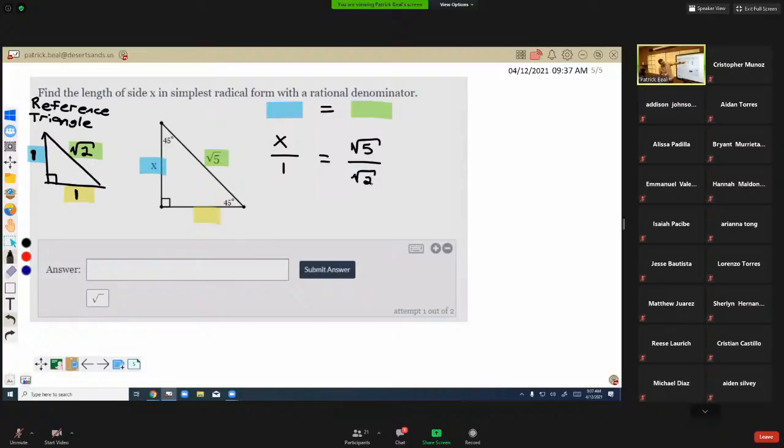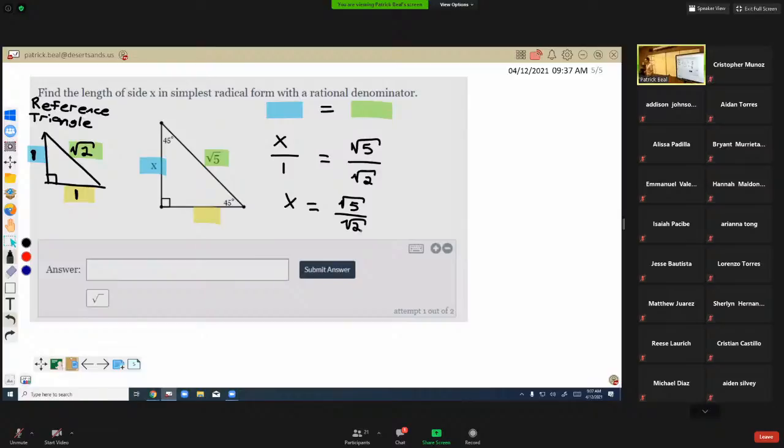See how over here we've got x over 1? That's really just x. So actually, this is already solved for us. X is equal to the square root of 5 over the square root of 2.